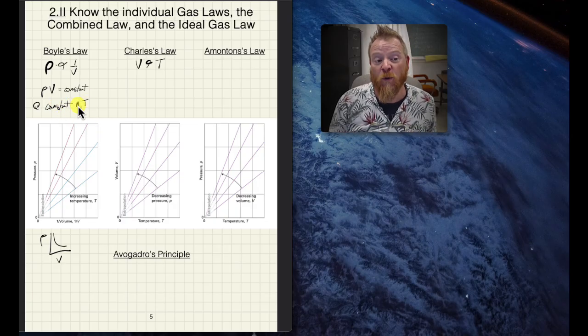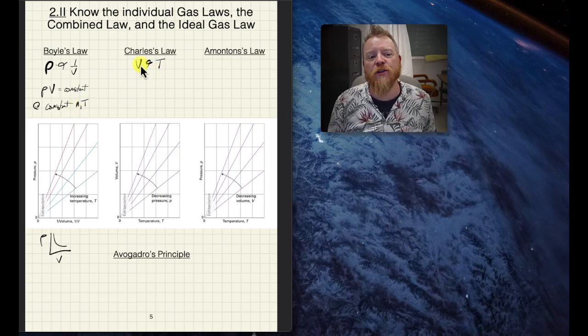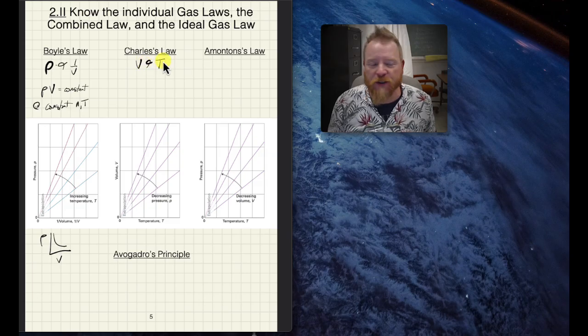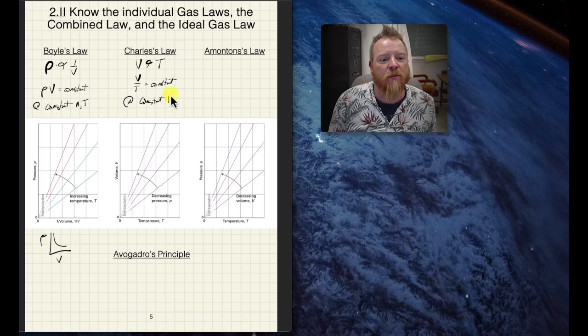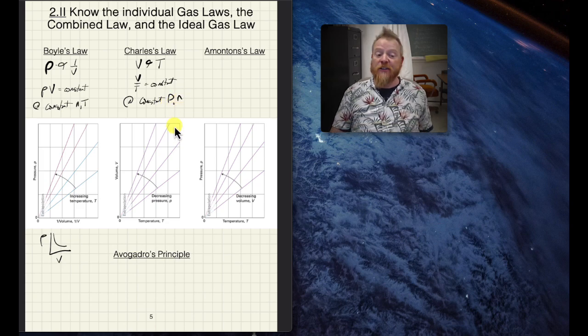We had to fix the other two variables there. So Charles' law of volume is directly proportional to temperature, or V divided by T equals a constant. And of course, only at constant pressure and number of moles.